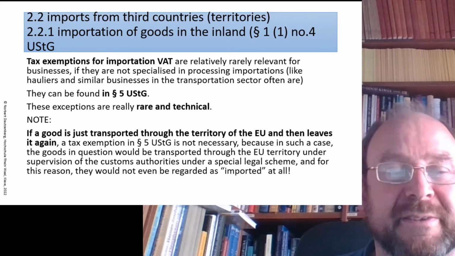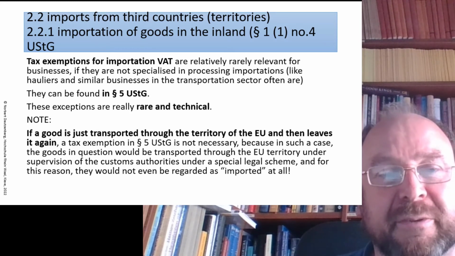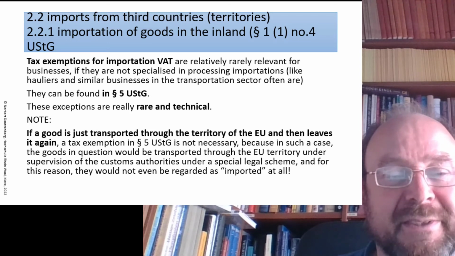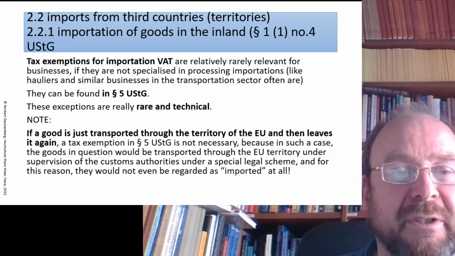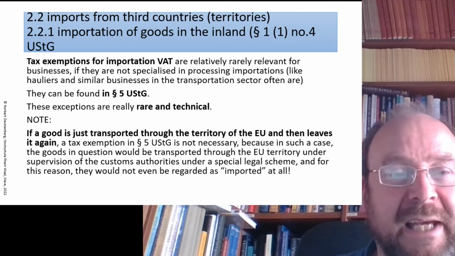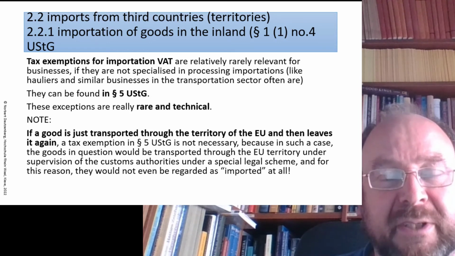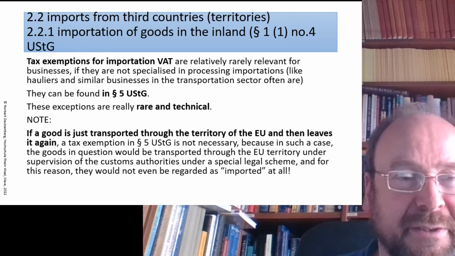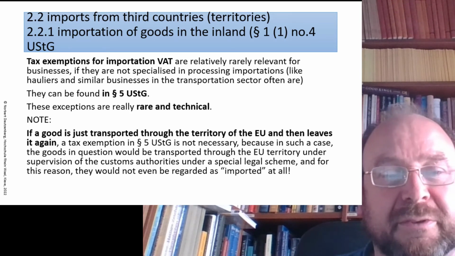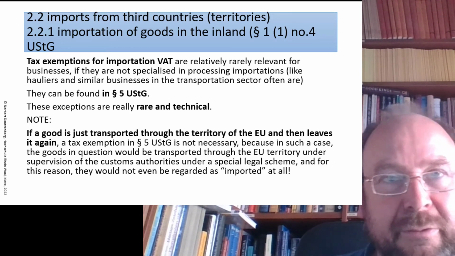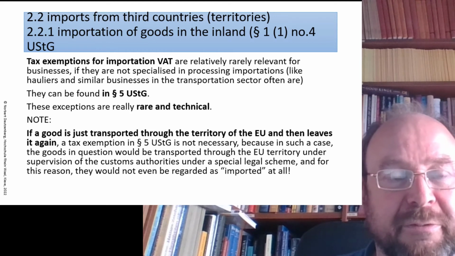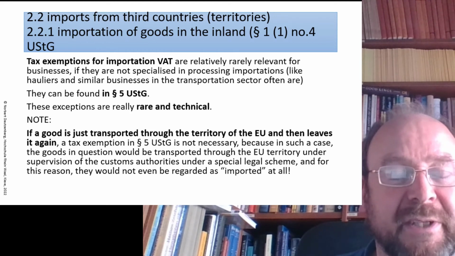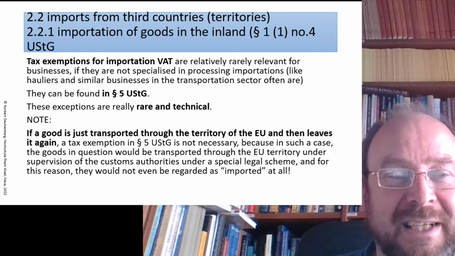In such a case, a tax exemption would not be found in paragraph 5, because then usually you would agree with customs authorities that the mere transfer of the good through the territory of the EU does not constitute an importation. You would just drive through under the supervision of the customs authorities, and so there would be no importation at all.